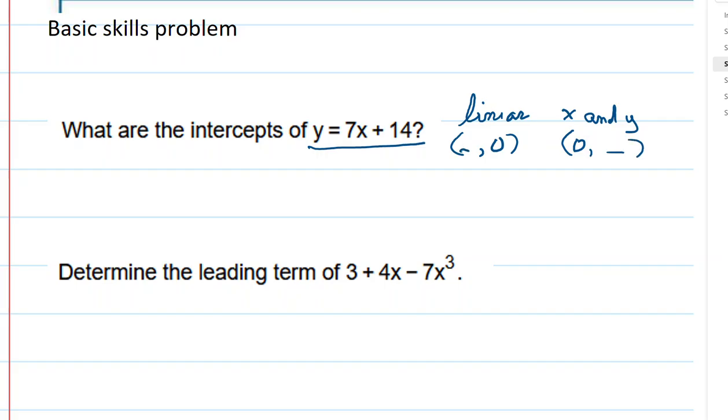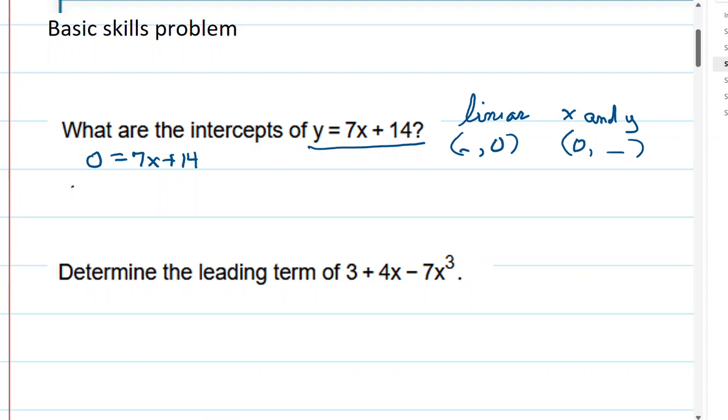Okay. So we want to first do it mathematically. The value of mathematics is the fact that calculators can be corrupted. And so you must have a concept of what's going on with your function. So we're going to have 0 equals 7x plus 14.